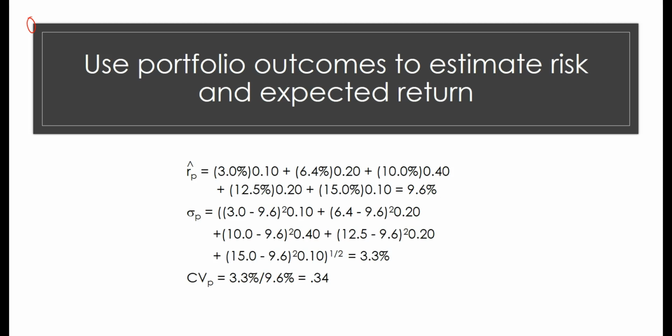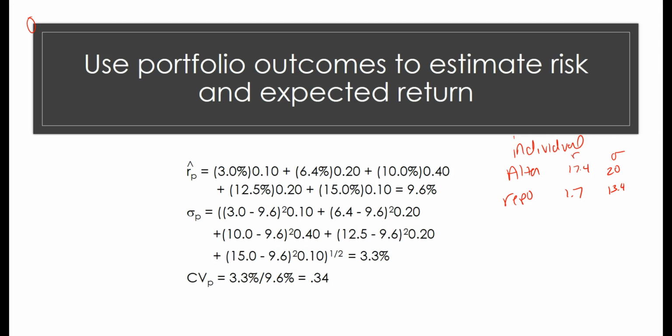One thing to note here is that when we were talking about the individual securities, we said that Alta had a return of 17.4% and a standard deviation of 20. Repo had a return of 1.7% and a standard deviation of 13.4.